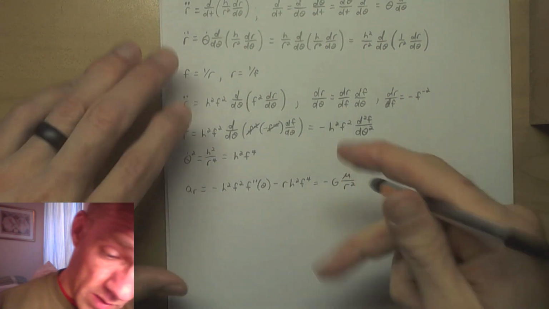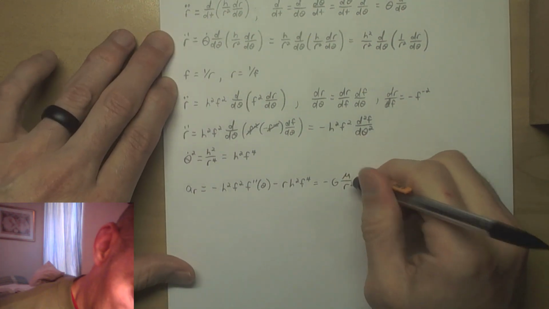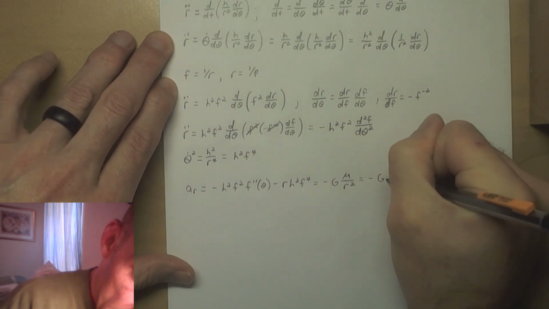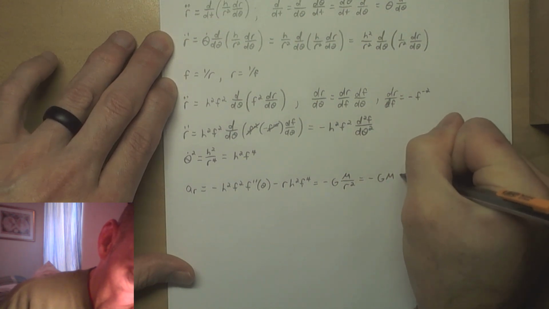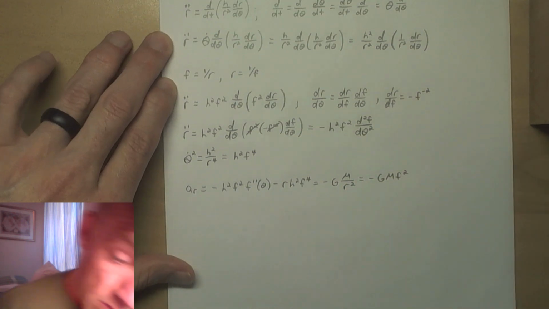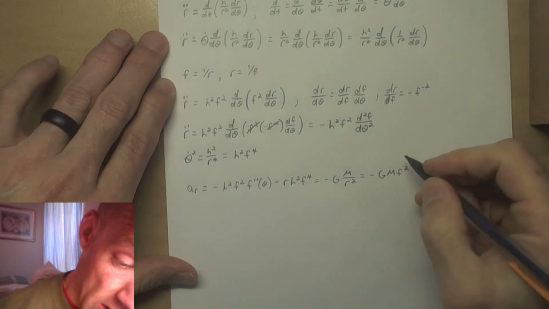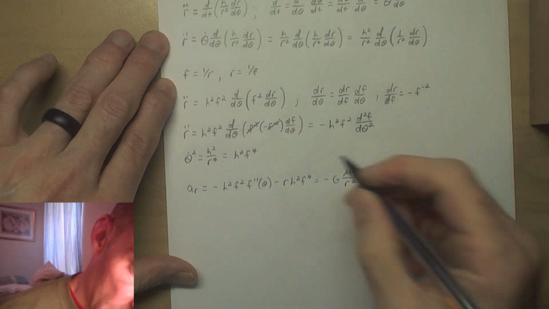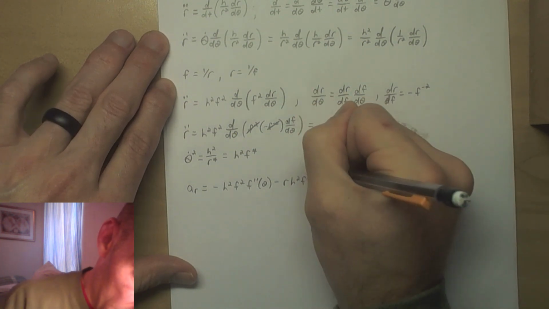Instead of r squared, negative G M f squared. So now I have an f squared that can cancel out all over the place. So f squared goes away. This becomes a 2.